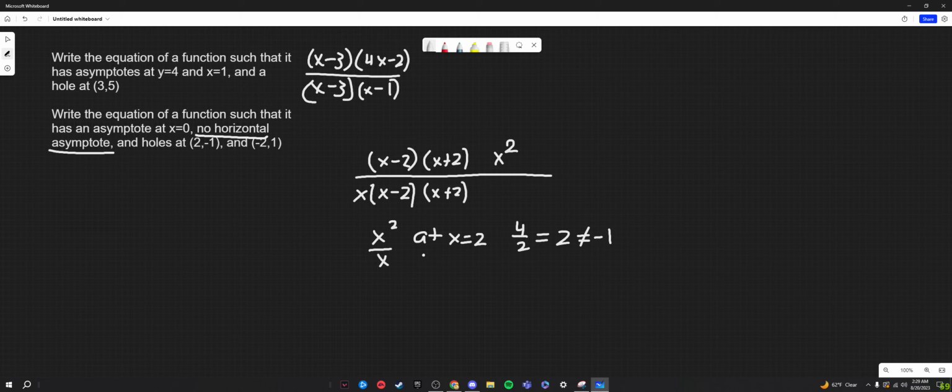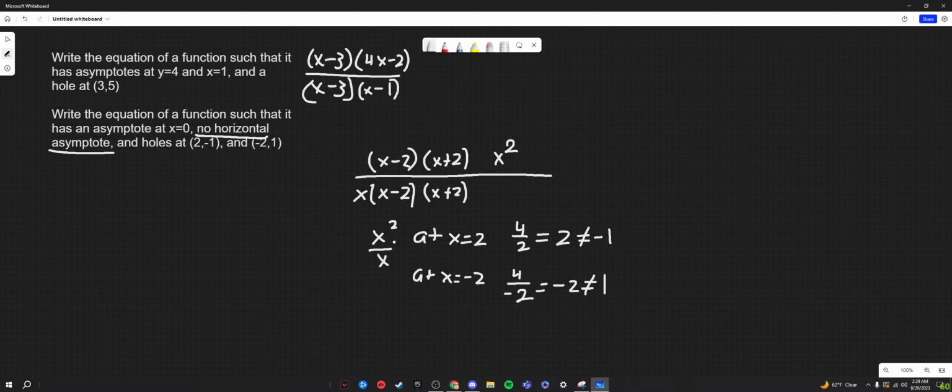Similarly, at x equals -2, we still get 4, but this time it'll be over -2, which gets us -2. It's not equal to 1. So what do we need to do? Well, for 1, we have the 4 over the 2. However, we don't want that. We want 2 over 2, because ideally that does simplify down to 1.